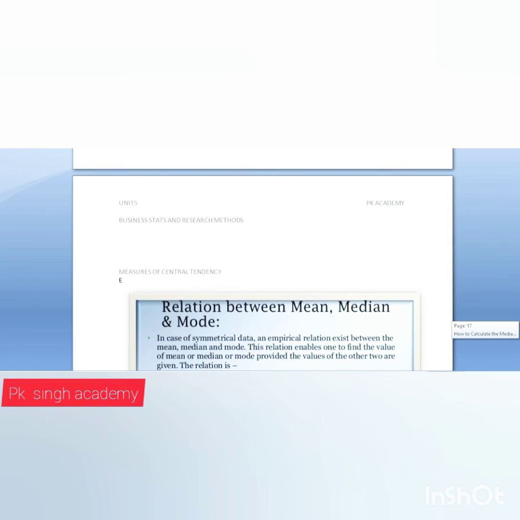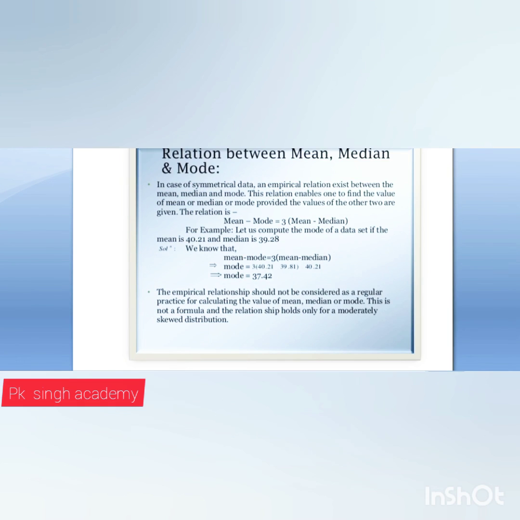Now we'll see the empirical formula of mean, mode and median, which is usually asked in your exam. This is the empirical relationship: mean minus mode is equal to 3 times (mean minus median).